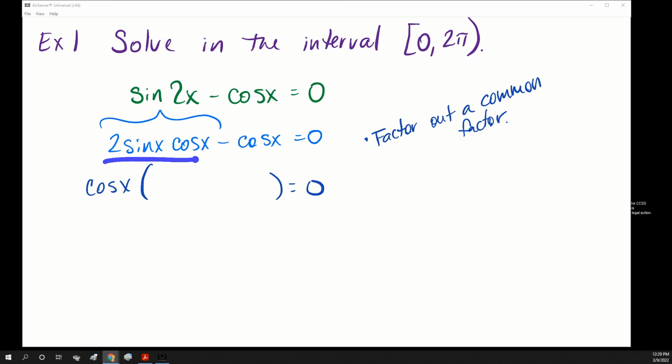So I'm factoring out of what's in front of the minus sign first. So that cosine of x just cancels out and we're left with 2 sine of x. And then what do you get when you factor it out of itself? 1. Good.